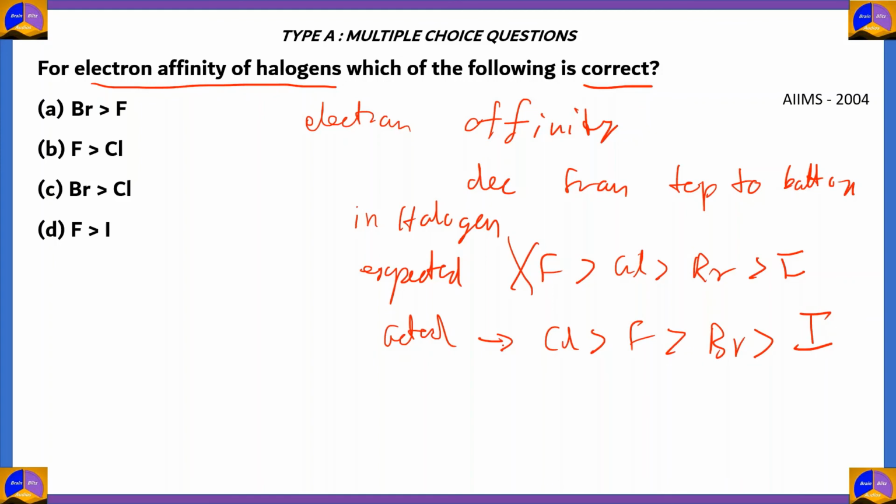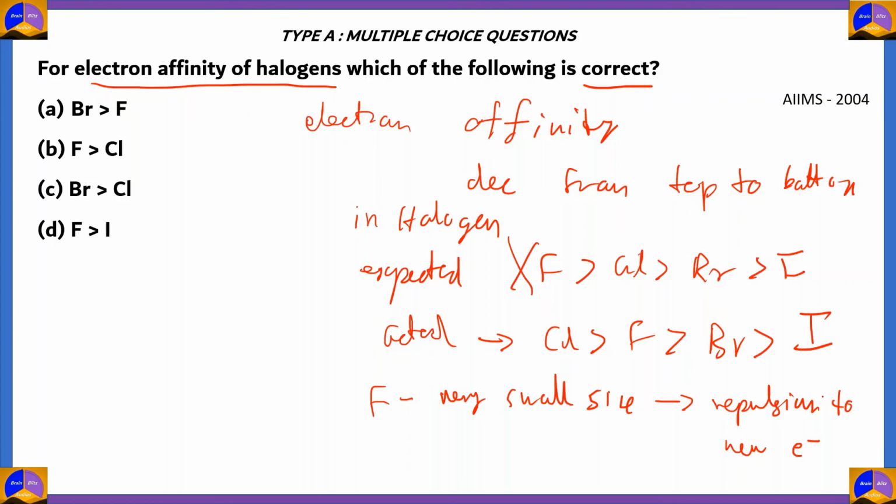The reason why is that fluorine has a very small size, which causes a repulsion to new electrons. So while it might have electron affinity, that electron affinity is somehow canceled or slightly reduced by this repulsion due to the shielding effect of the electrons already present.